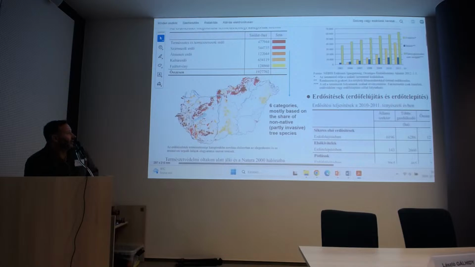And yeah, also as WWF Hungary, we did some lobby work on this forestry code, and to push forward continuous cover forest management, we created a kind of proposal, and it was partly based on the naturalness categories. So it was really important to have them.